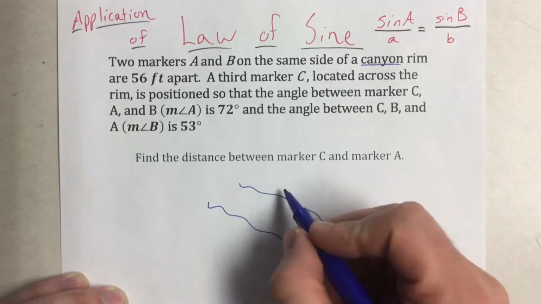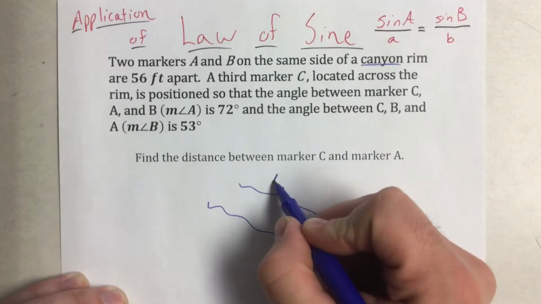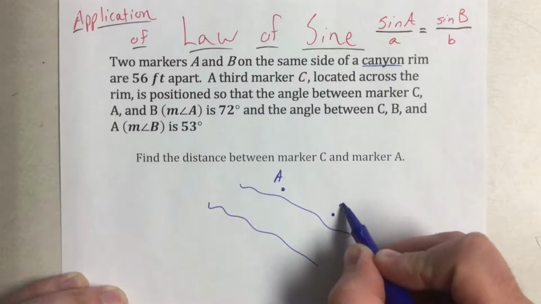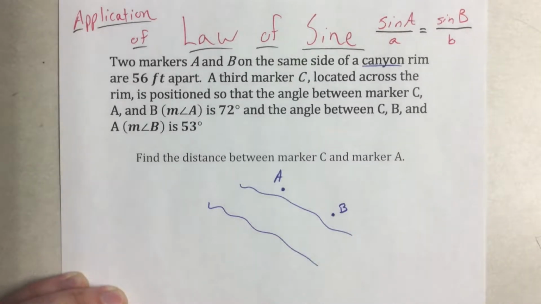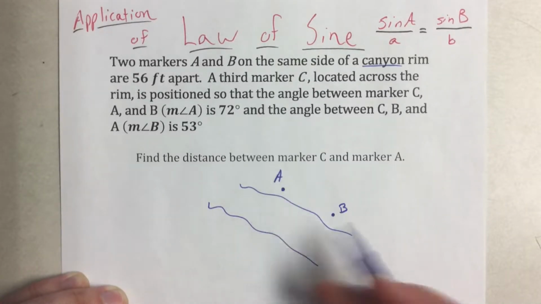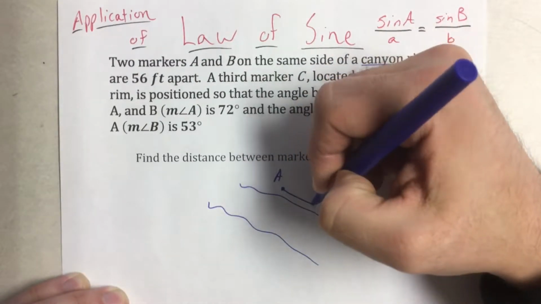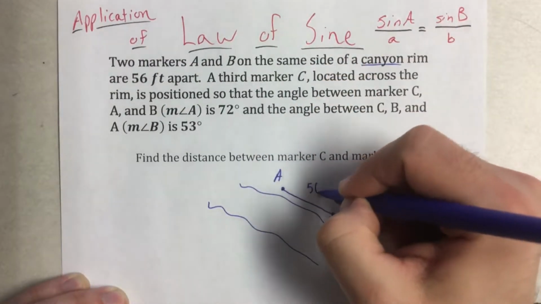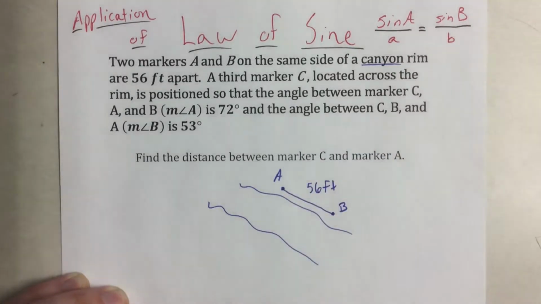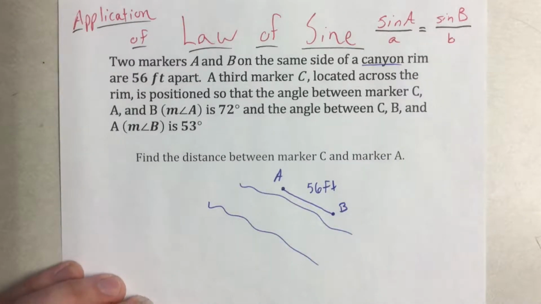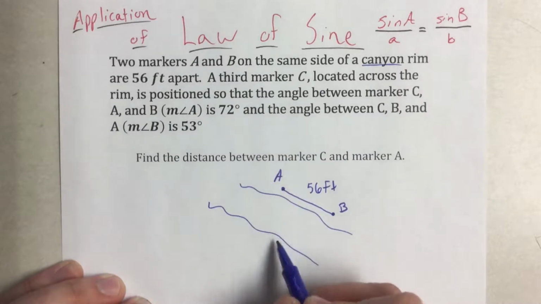On one side of the canyon, we have A and B. We're not really given much more as far as where they're located on that canyon, just that they're located on the same side, and that they are located 56 feet apart. Then we have our marker C on the other side.